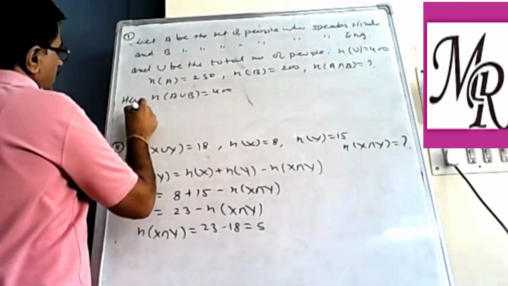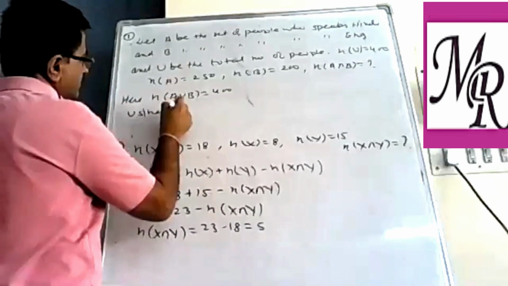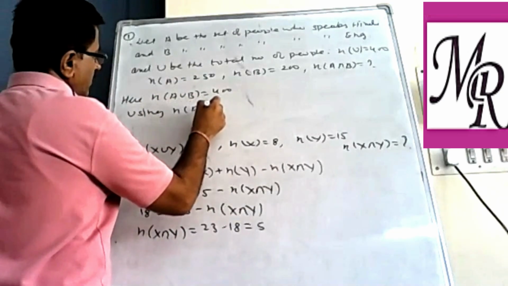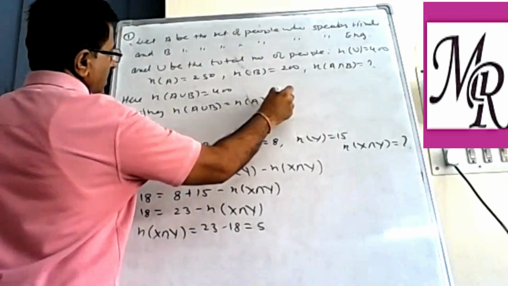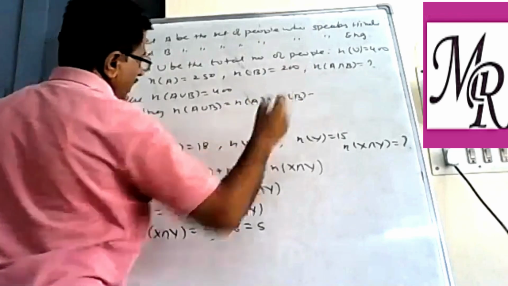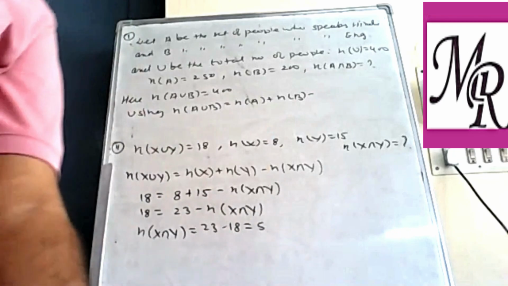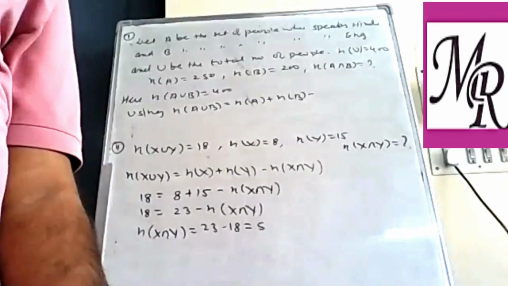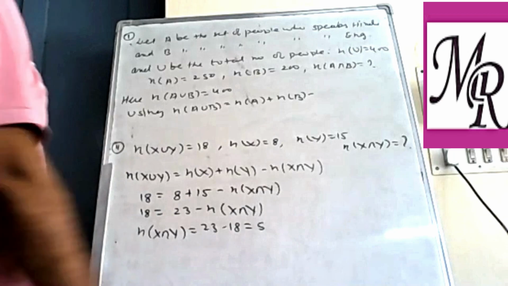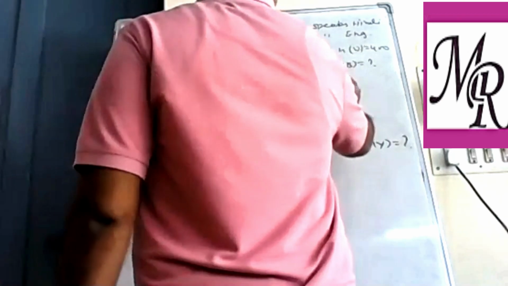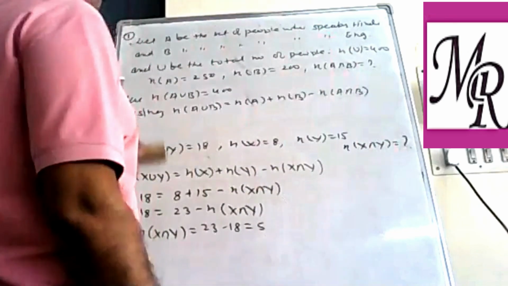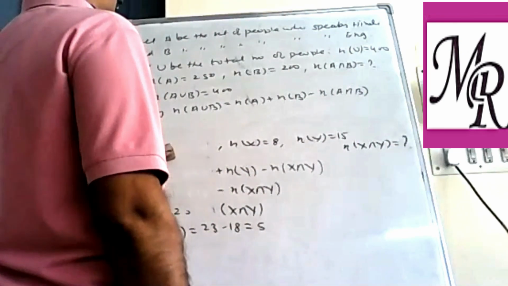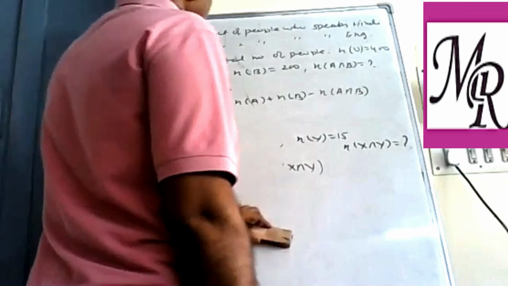So using formula A union B equal to NA plus NB minus A intersection B. Now put the values.